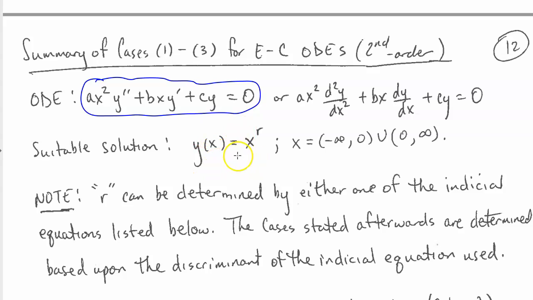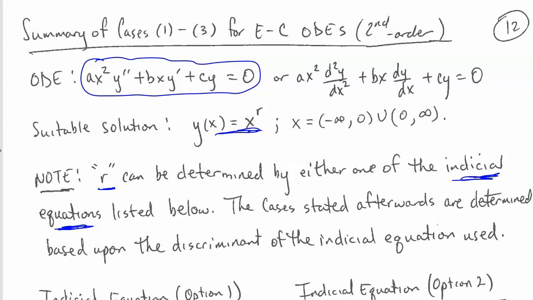In general, a suitable solution would be x raised to the r, where x can be any real number other than 0. We are going to determine what r is by what we call our indicial equation. Remember, that's our fancy way of saying that we have a characteristic equation for this equation type.